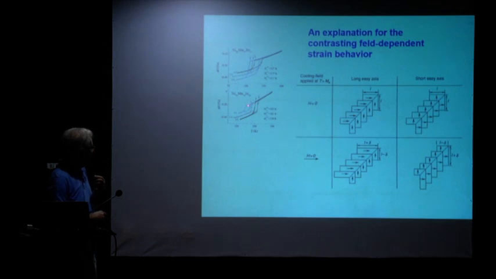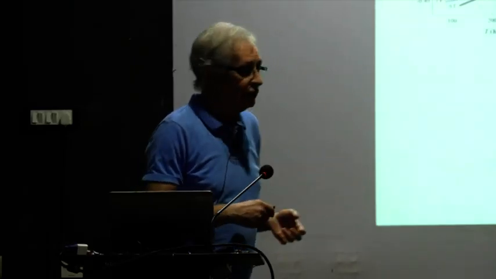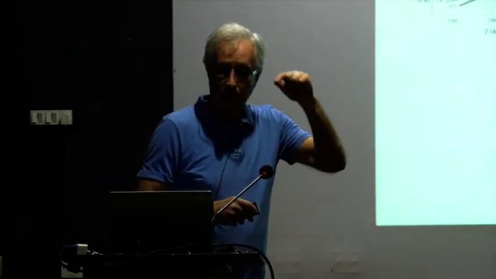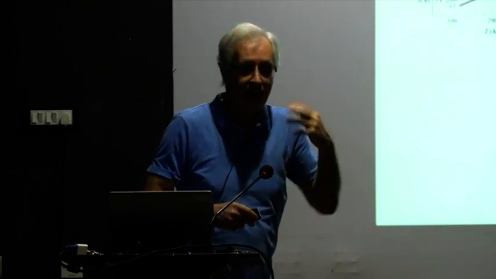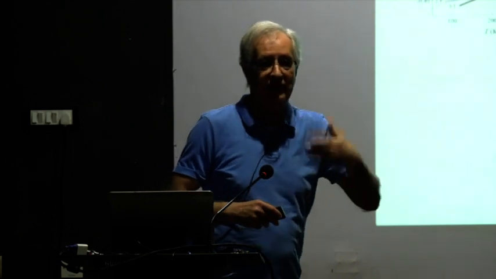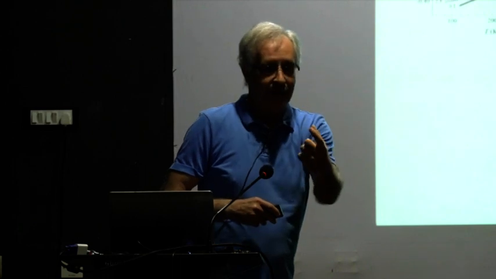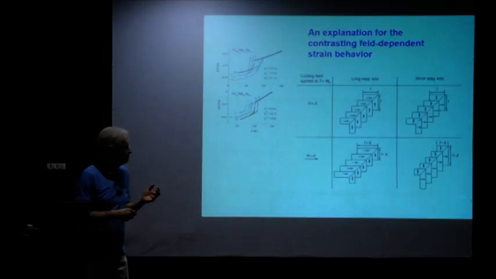Here it is long, it is in the austenite state, and applying a magnetic field, here it is remaining long. So the more the magnetic field increases, the difference between these two becomes smaller and smaller, because I'm growing longer entities in the field direction. I'm making it remain long.